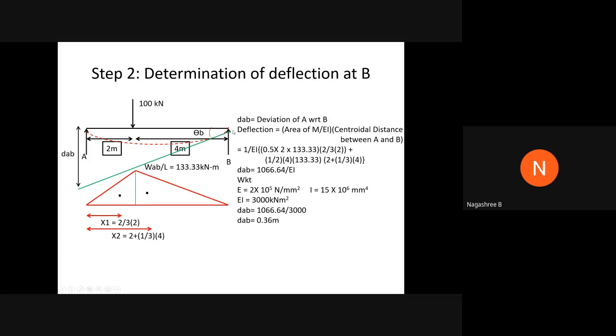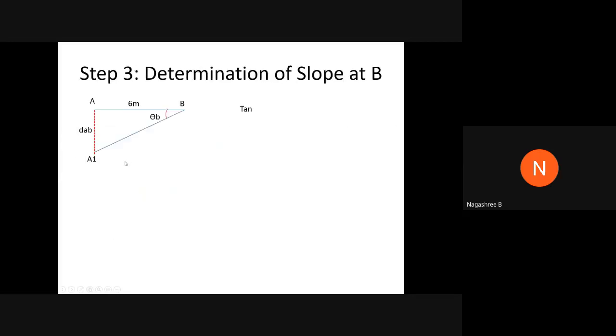This is a tangent and this is the base of the simply supported beam, and this is the deviation, that is, the deviation of A with reference to B. If I summarize the overall diagram, it will be a triangle wherein AB is the span, that is 6 meters, and DAB represents the deviation. That end point I have represented as A1, and theta B is the slope created due to the deflected shape of the beam.